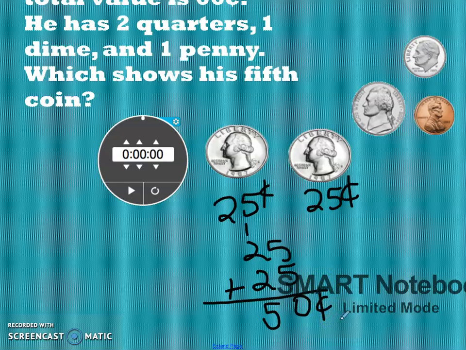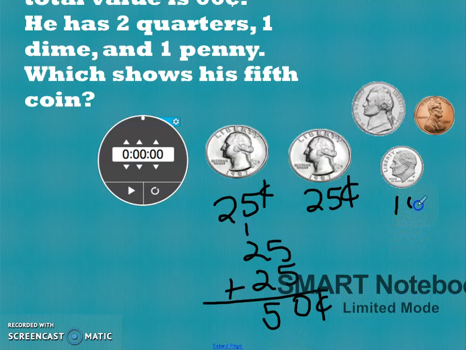So far we counted 50 cents. It also says he has 1 dime. So the value of 1 dime is 10 cents. So we're going to add 10 cents to 50 cents.